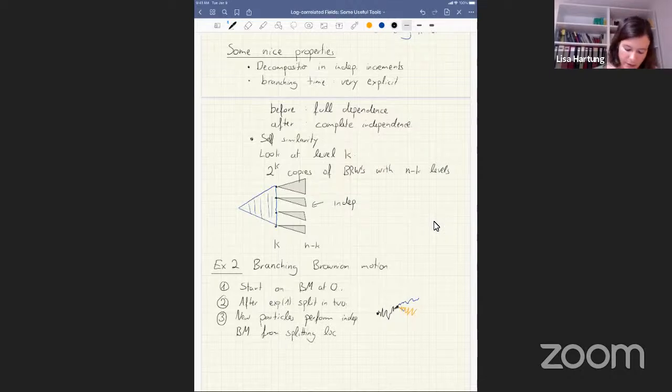And then they also split again after an exponential 1 time. So they have the same splitting.